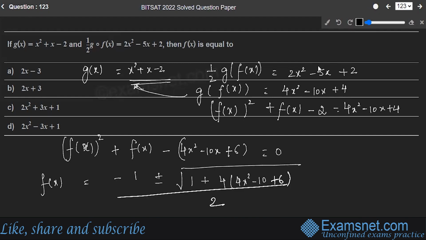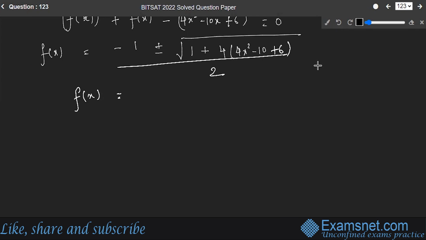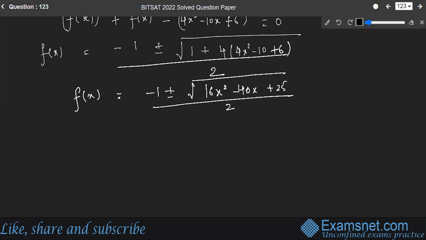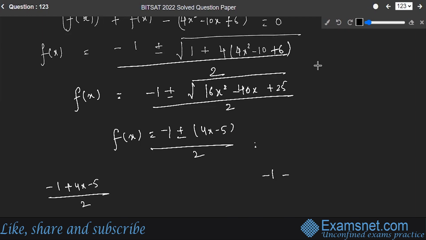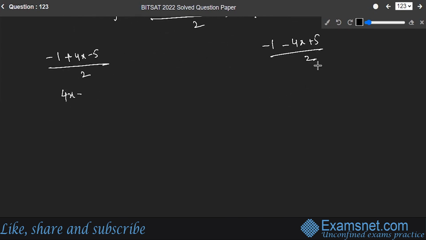So your f(x) is equal to minus 1 plus minus, on solving this you will have 16x squared minus 40x plus 25 upon 2, or your f(x) will be equal to minus 1 plus minus (4x minus 5) upon 2. So this will give me two values, (minus 1 plus 4x minus 5) upon 2, or (minus 1 minus 4x plus 5) upon 2. That means you will have (4x minus 6) upon 2, or 2x minus 3. And here you will have (minus 4x plus 4) upon 2, or minus 2x plus 2.